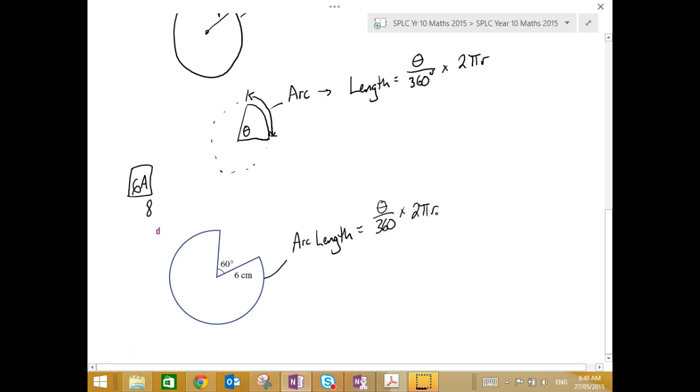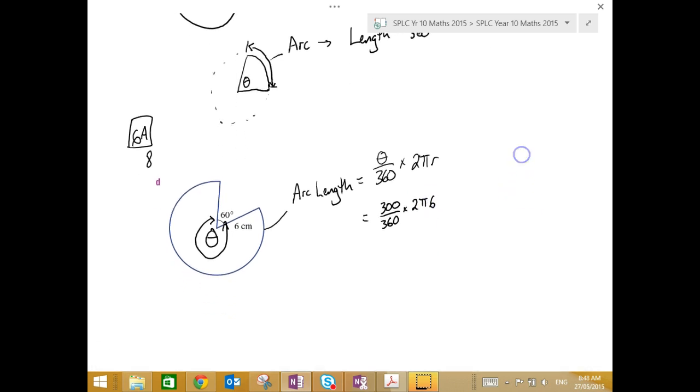What's the angle? 300 degrees. So 300 over 360, you could just make it 5 over 6, but your calculator's going to do that for you anyway. Multiplied by 2 by pi, and the radius is 6. I think you're going to find the 5 and 6 will cancel, and I'll end up with 10 pi centimeters.